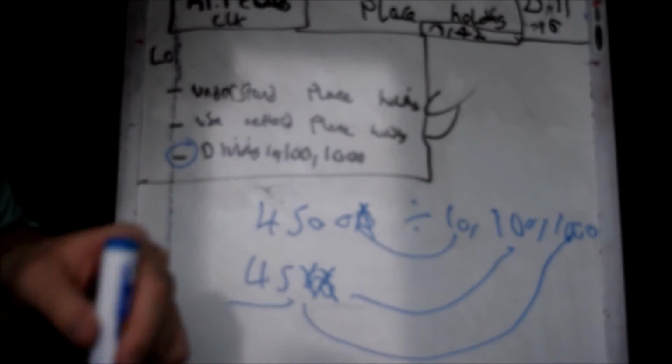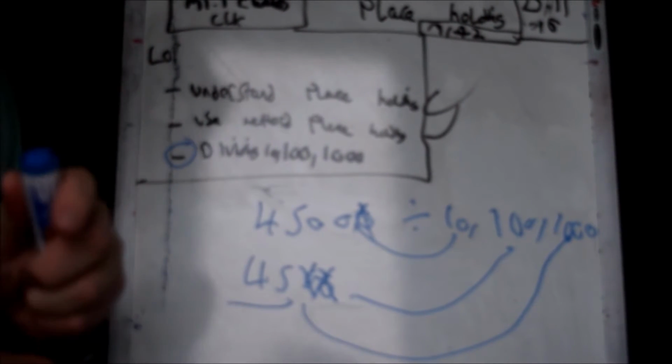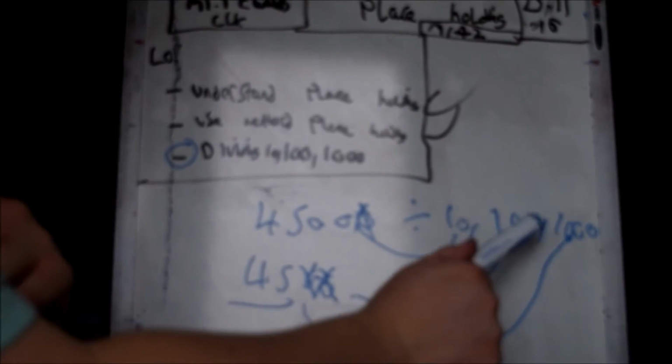Now you can use the box method of place holdings and placements, because in place holdings this can come up, and if you're going to divide by this number here, using place value will really help you. Okay, so let's do another example. The extension of today's learning objective is dividing by these numbers, but we're going to use place holdings.